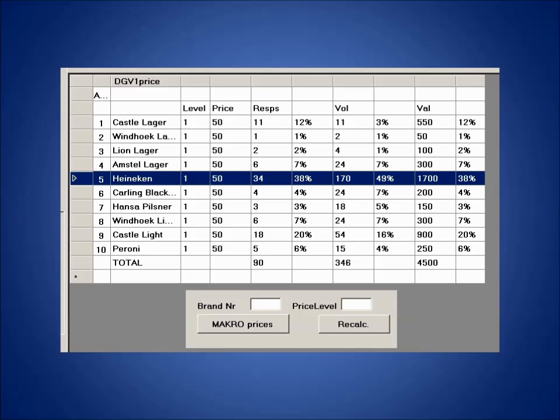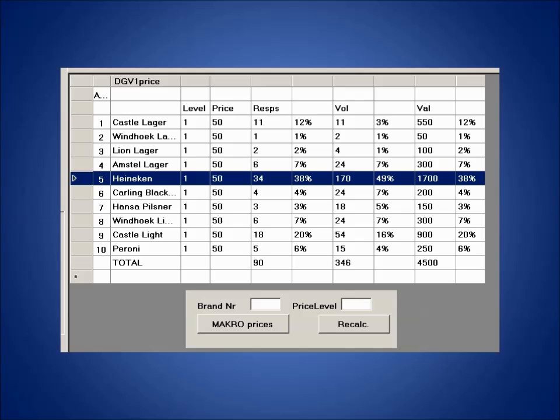For this little case study, I'm again going to concentrate on Heineken. You'll see if it sells at parity price, 50 Rand for a 6-pack, then 38% of the respondents stated that they would buy it. Probably true. That represents 49% of the volume of consumption and 38% of the value of consumption.